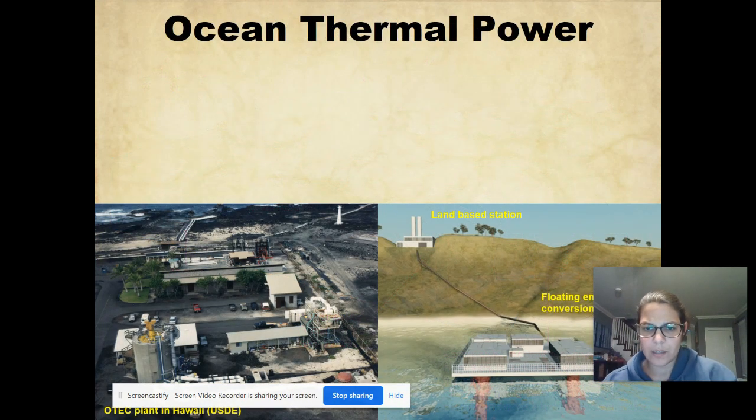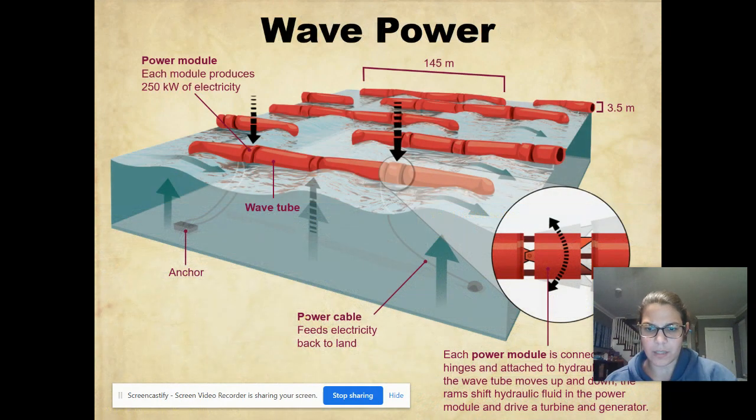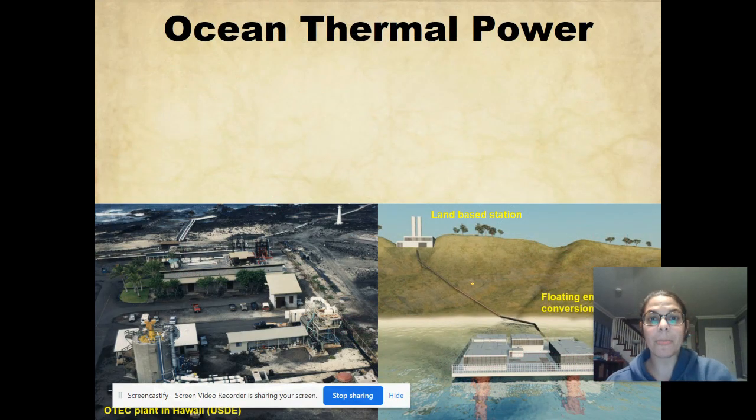Okay, it drives a hydraulic fluid that then turns the turbine to turn the generator. And then every single power module, like this one here, is connected to an anchor. And then the electricity gets fed underwater. So it's kind of cumbersome and complex, and it blocks the area. And there aren't a lot of suitable sites for this.